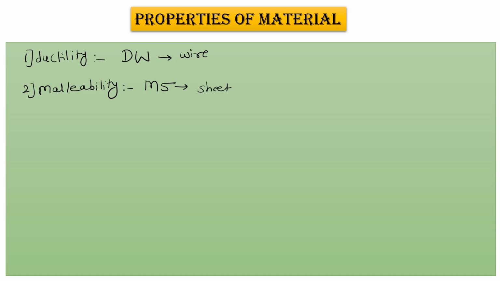So W for wire, S for sheets. For making wires, tension is required, and for making sheets, compression is required. Remember only these 2 points.